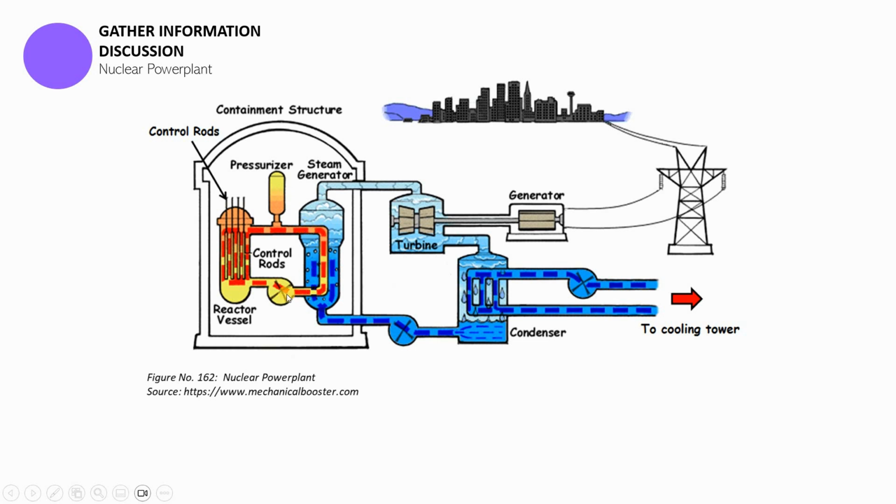And as you can see, the thermal energy that is coming from this reactor vessel is in contact with water that is coming from the source over here. Perhaps this is a condenser, at the same time connected to a source, and it's getting regulated.